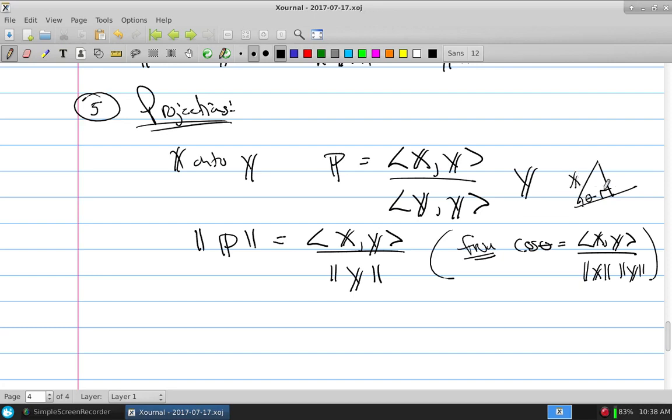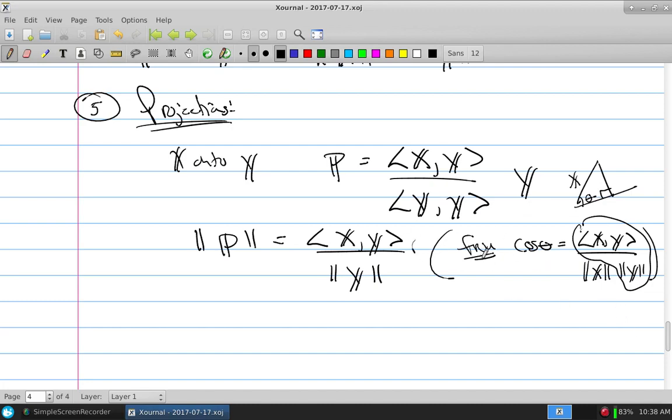How long is the shadow? It's the hypotenuse, which is the length of x, times cosine theta. It's the same physical idea, though physically it doesn't look like that because this is not a Euclidean thing.